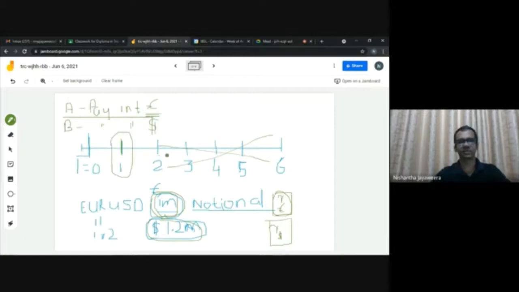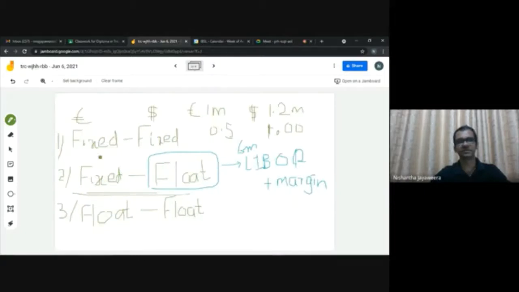And okay, that's based on the timing. When we think about interest rate, which is applicable out of these three scenarios? For FX, is it a fixed one, a fixed-float, or a float one?